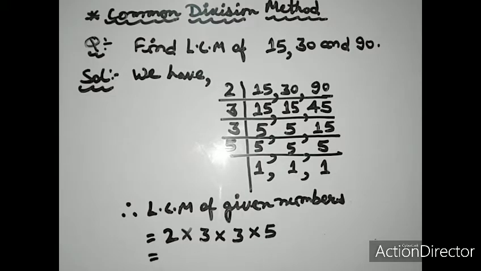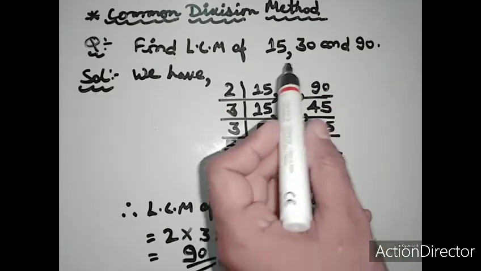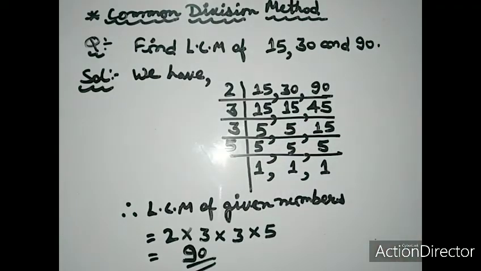Now we multiply all these 4 numbers. 2 3s are 6, 6 3s are 18 and 18 5s are 90. So here we say that the required LCM of these 3 numbers 15, 30 and 90 is 90. Okay, now we take another question related to LCM.